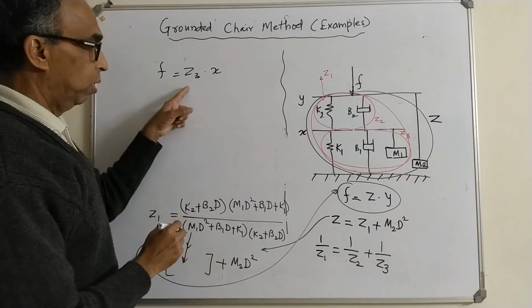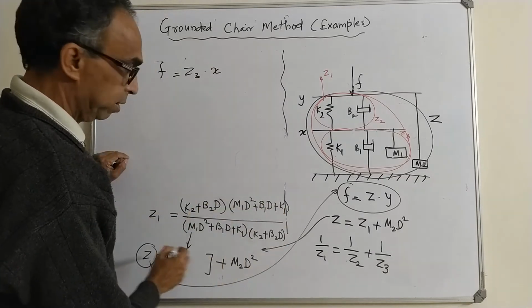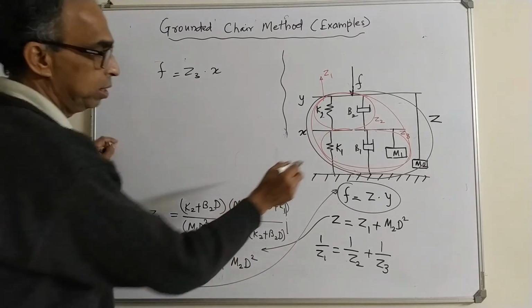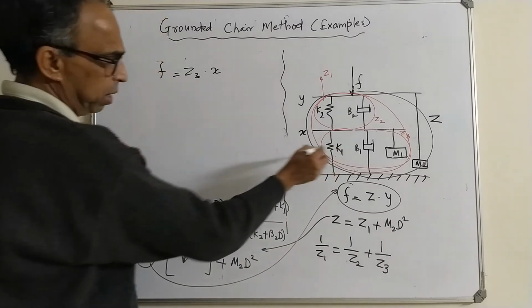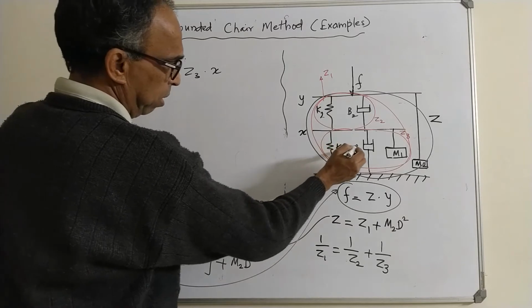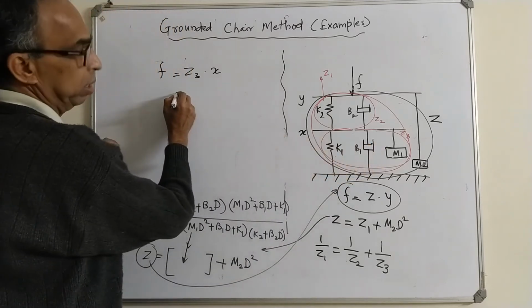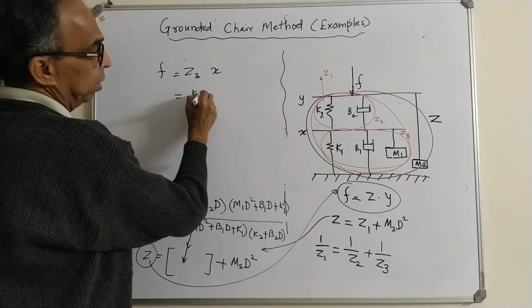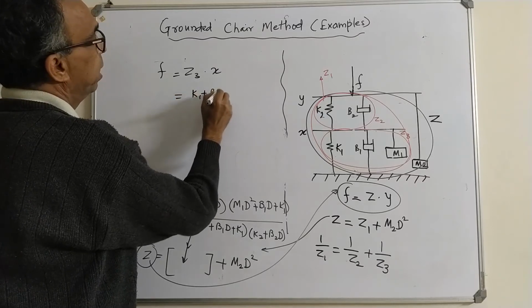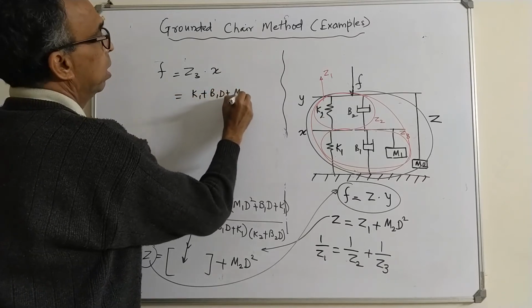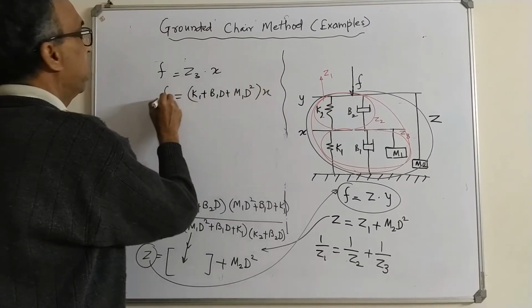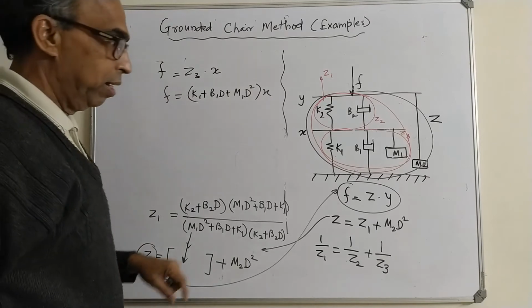Now, what is Z3? Z3 we just now found out, isn't it? What was Z3? K1 plus B1D plus M1D square. So F is equal to K1 plus B1D plus M1D square into X. This is my F. Right?